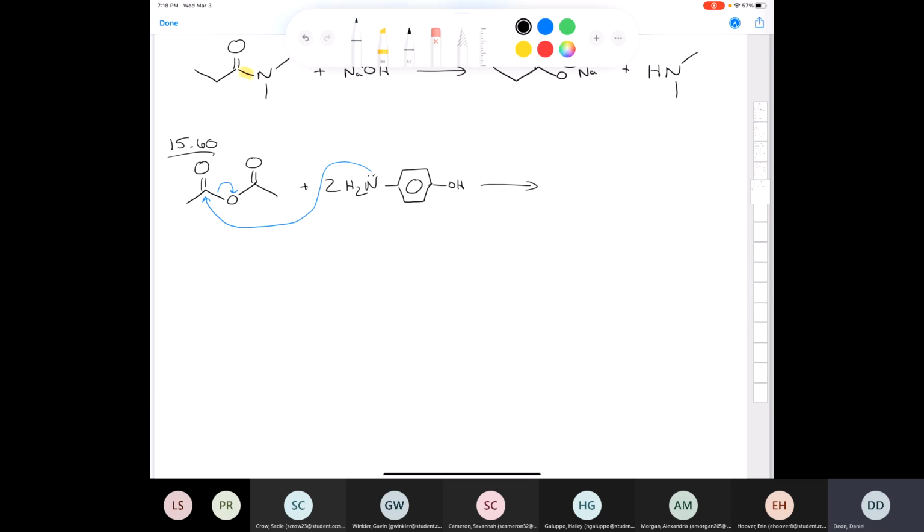What would you end up with after that? Let me show you. You would have this part right here, but then you'd have it bound to a nitrogen with 2 hydrogens and the aromatic ring with the hydroxyl group. Now that nitrogen is going to have a positive charge. You'd also be left over with an acetate ion, like that.